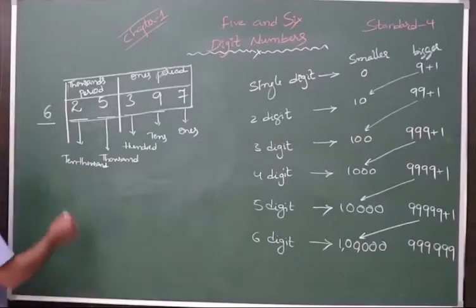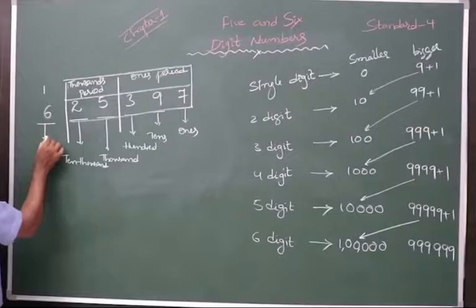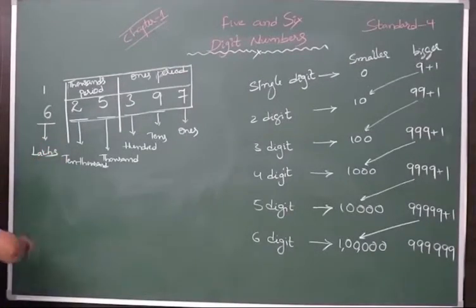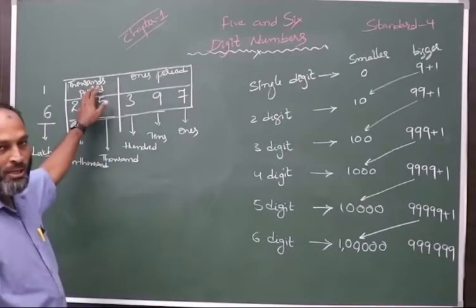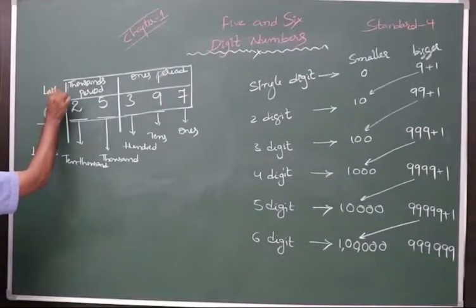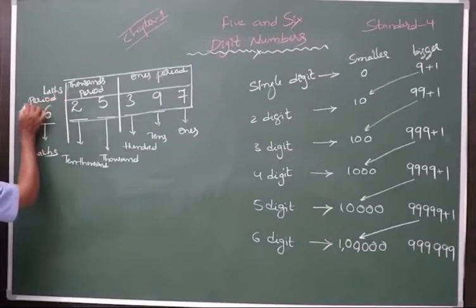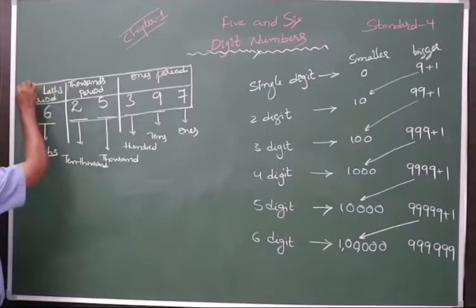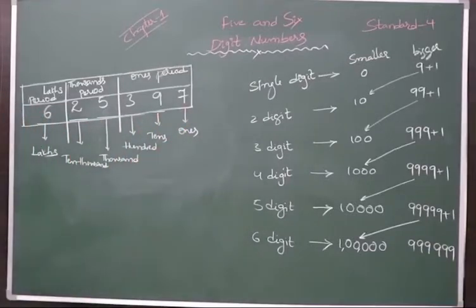The 6th digit is the lakhs place. So this is the ones period, this is the thousands period, this is the lakhs period. So these are our 6 place values.